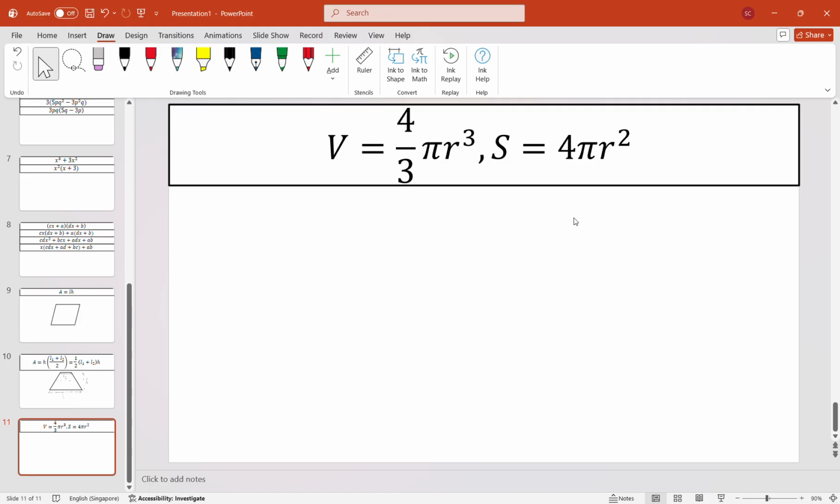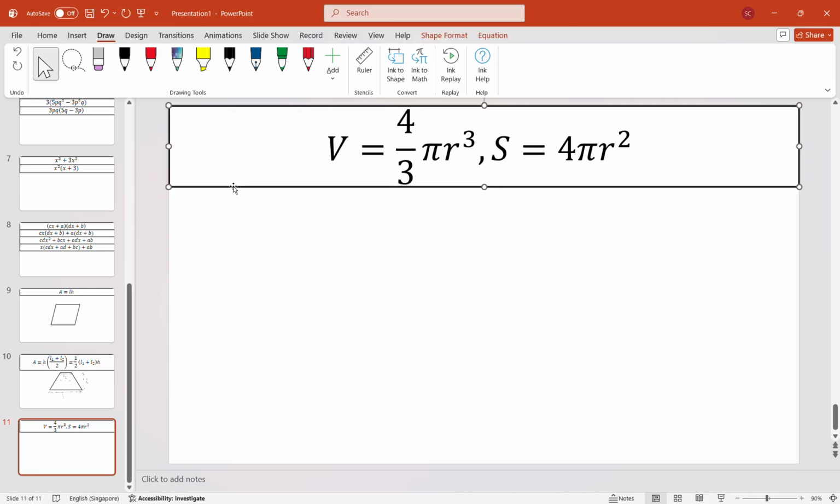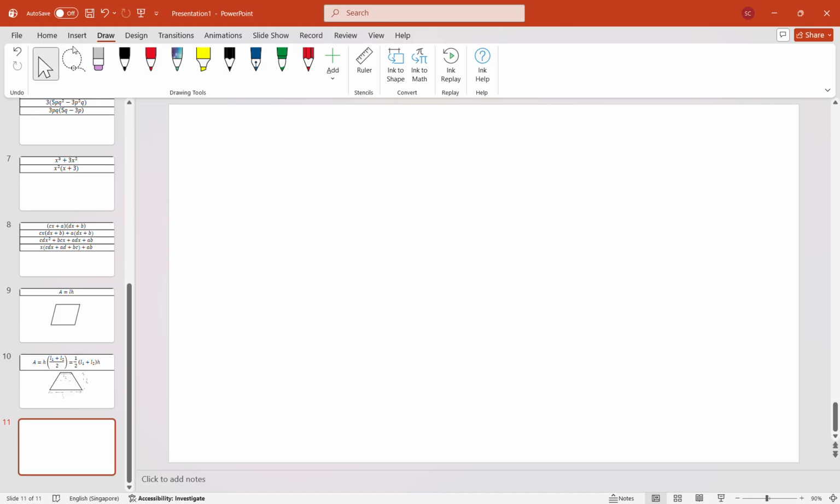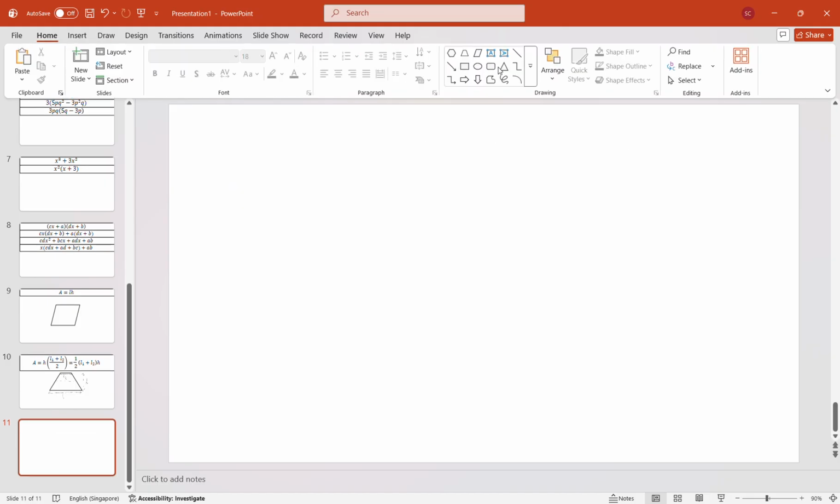Let's see, what else do we have here actually? I don't really know. Oh wait, I think the perimeter. Wait, okay.